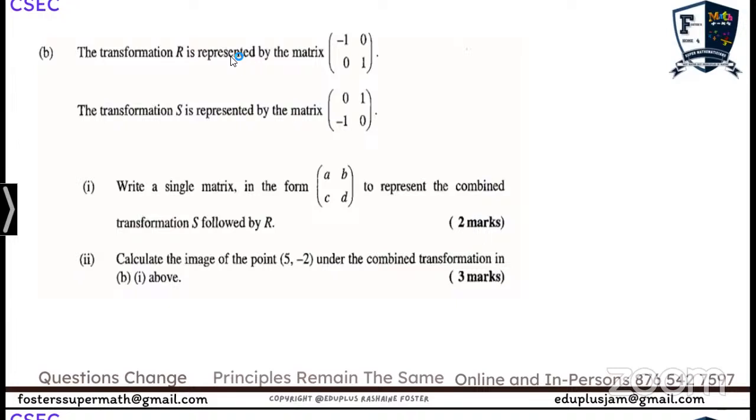These are 5 simple marks to get. Nothing difficult right here. Please apply your principles. You understand what S followed by R means, and you know how to find the image of something once you have the pre-image and the matrix.